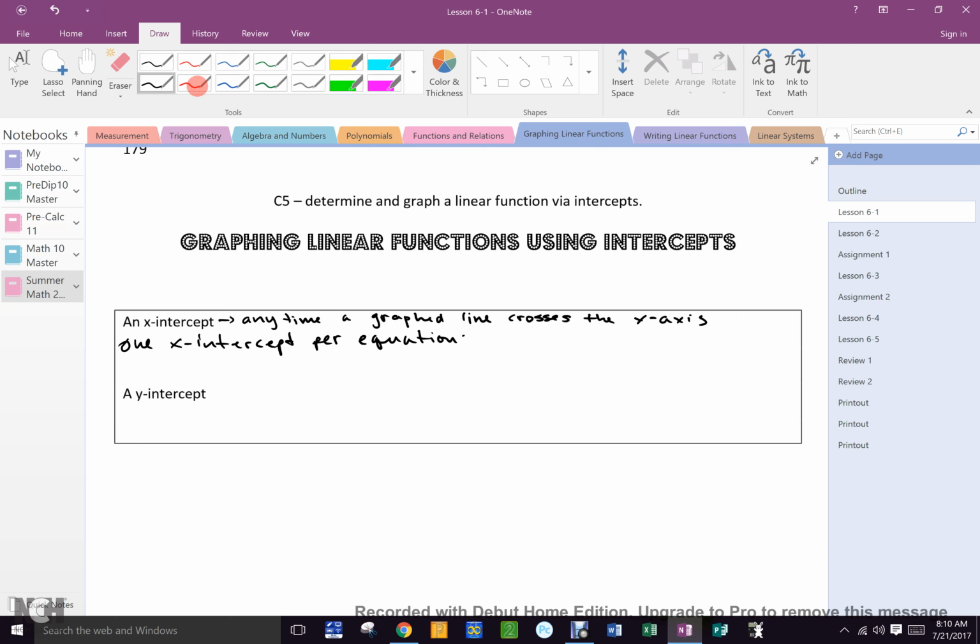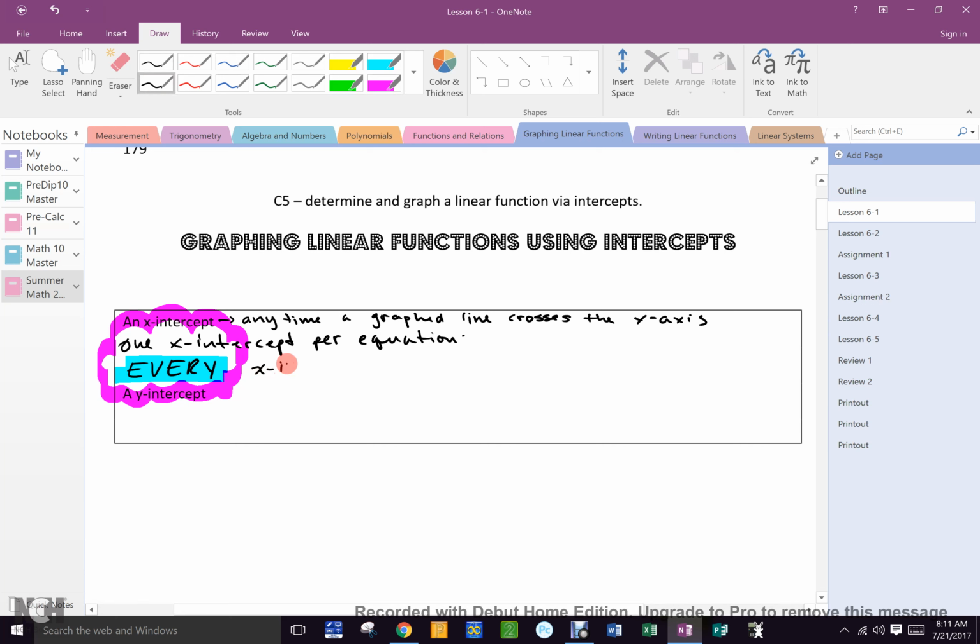Now, every x-intercept, and I'm going to write every in big capital letters, and I'm going to highlight it, and I'm going to put a Mrs. Bad Crumble cloud around it. How important is that word? Exactly.